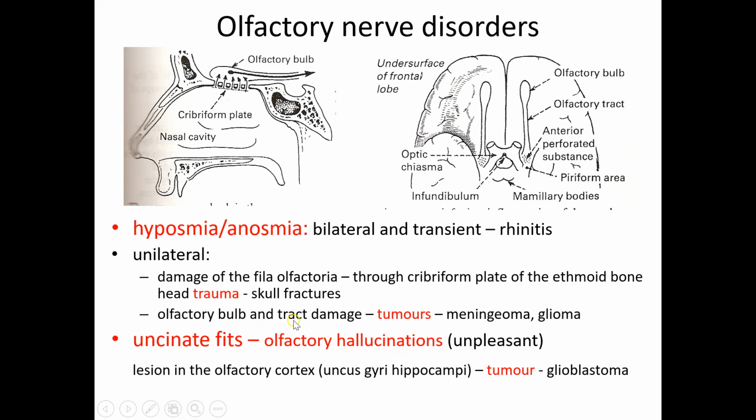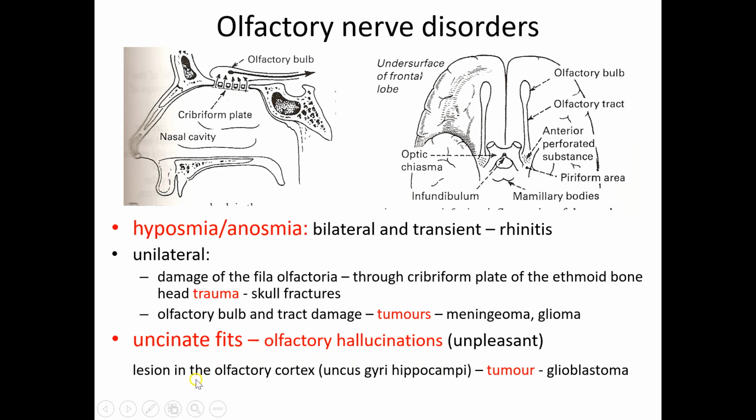Olfactory bulb and tract damage may occur from tumors, meningiomas, and gliomas in case of unilateral hyposmia or anosmia. There is a variety of seizures or fits which are called uncinate fits or olfactory hallucinations, which are usually unpleasant hallucinations.